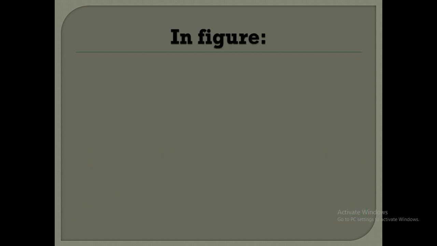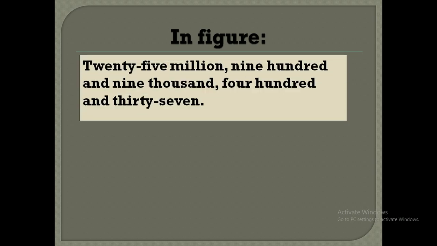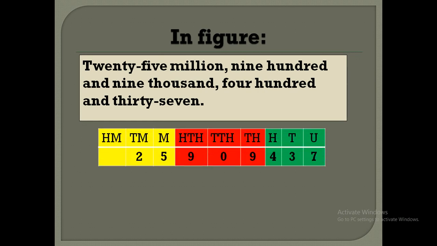So students, now it's a time for learning how to write the number in figures. So here is the number in words, like 25,909,437. So as I already told you, first of all I will place a place value chart with their correct numbers, like that.